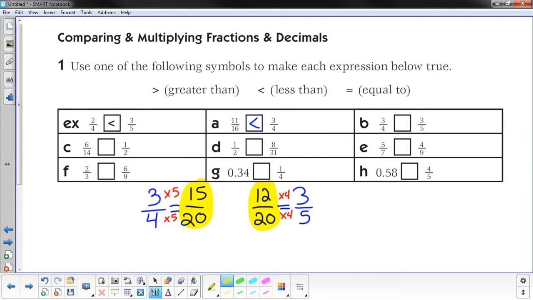And I just have to look at the top number. I have a 15 on one side and a 12 on the other. 15/20 is greater than 12/20. So the 3/4 is greater than the 3/5. Like that.